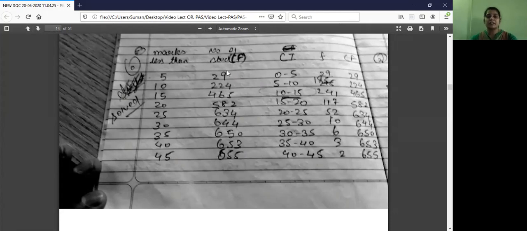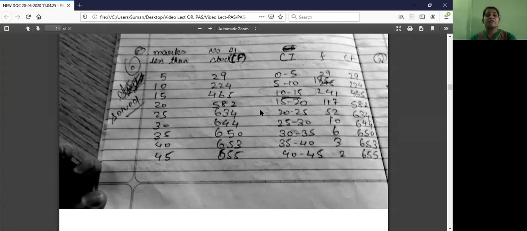In this question, these values are not frequencies. This is our cumulative frequency, because of the marks less than 5, that means 29. Less than 10 already includes less than 5, so the total is 224. Less than 15 already includes less than 5 and less than 10, so 465. This is what is given in the question.